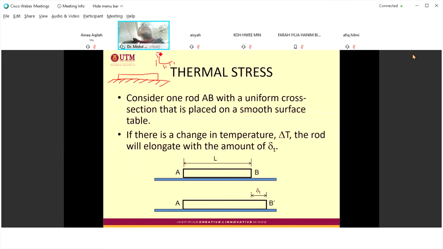Kita ada matahari. Alright. So the materials, sometimes the elongation is not due to the forces. Sometimes the elongation that happens to the members is not due to the forces.